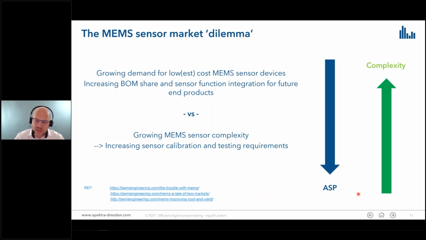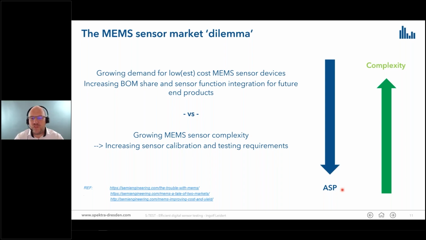The average selling price of sensors has to go down. Remember what I said earlier about the number of sensors that are equipped in an autonomous car. The industry simply requires vendors to go very low in average selling price, and that contradicts the requirements caused by the complexity that is constantly growing as more and more functions go into these sensors.